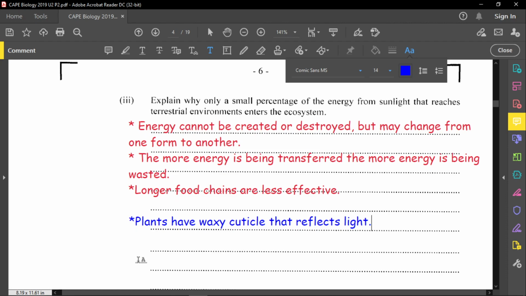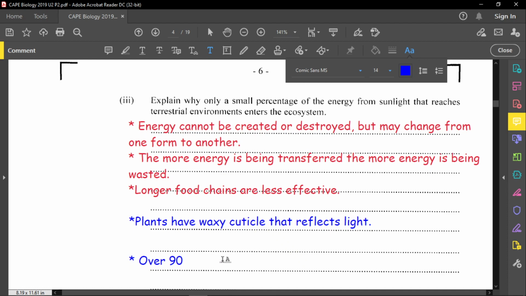The other point that I want to make note of is that over 90%, and we can say anywhere between 98 to 99% thereabout, so that's how high it is. So over 90% of light energy is reflected from leaves.